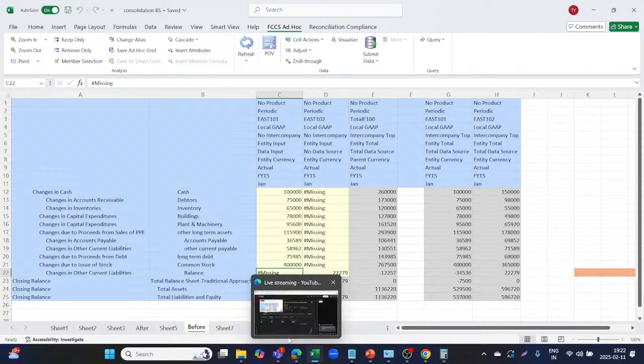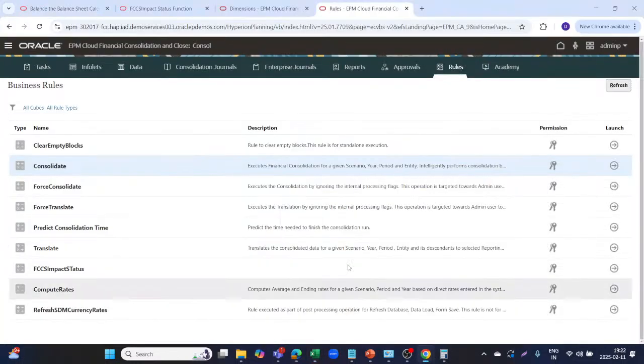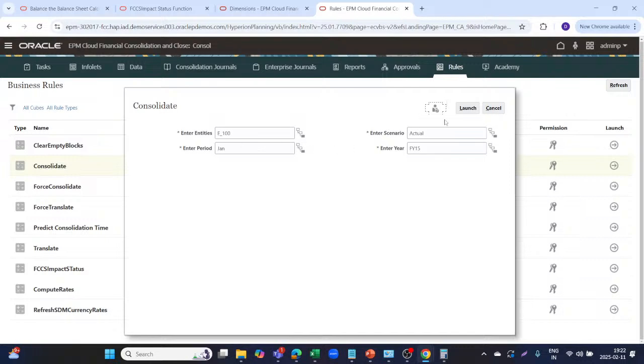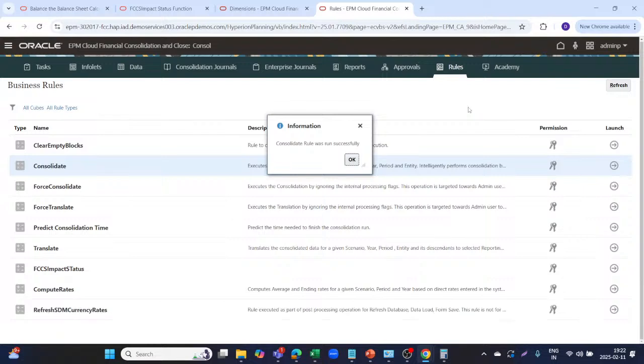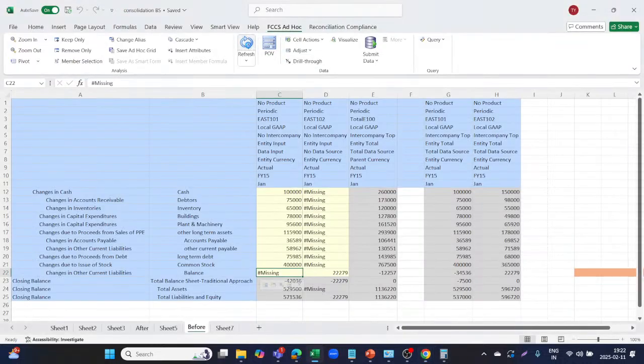Now what you can do, just run a consolidation again. You can see now the balance which was there, it is 42036.